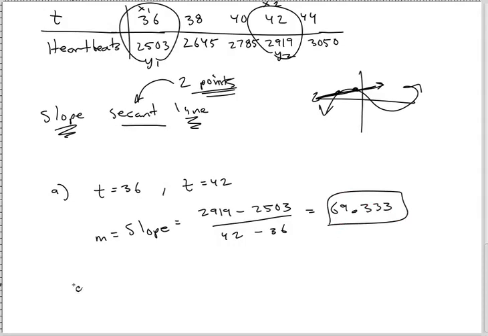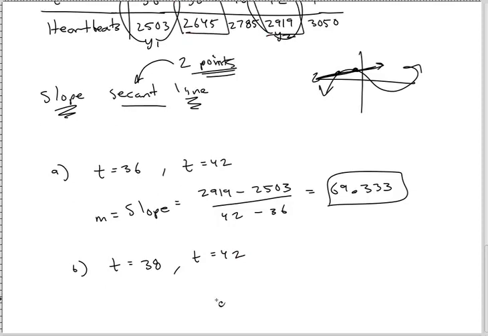Done. Part B says, let's redo it again for 38 and 42. So now we're doing the 38 and the 42, basically the same thing. My slope in this particular case is going to be 2919 minus 2645, all divided by, again, 42 minus 38.